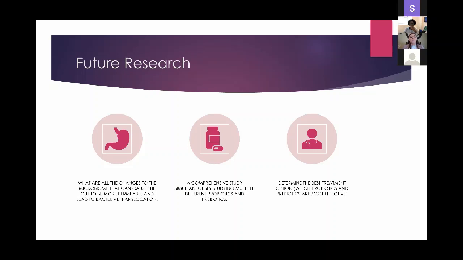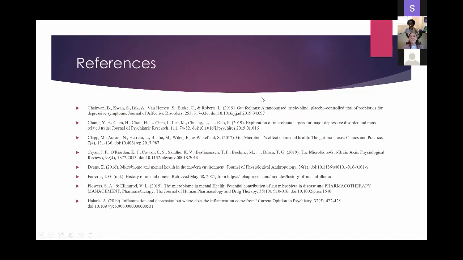And then a comprehensive study of multiple probiotics and prebiotics to determine what would be the best treatment option, either for prevention or for actual treatment of mental health using the microbiome. So yeah. And also I want to give a shout out to Mike Iba for helping me and being an amazing mentor on this project.